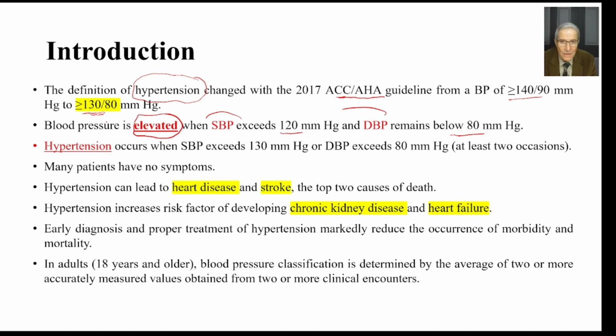So now we have another category. The first category, hypertension, is anything above or equal to 130 over 80. The second one, elevated: systolic 120 and diastolic below 80. Hypertension occurs when the systolic blood pressure exceeds 120 or diastolic blood pressure exceeds 80.